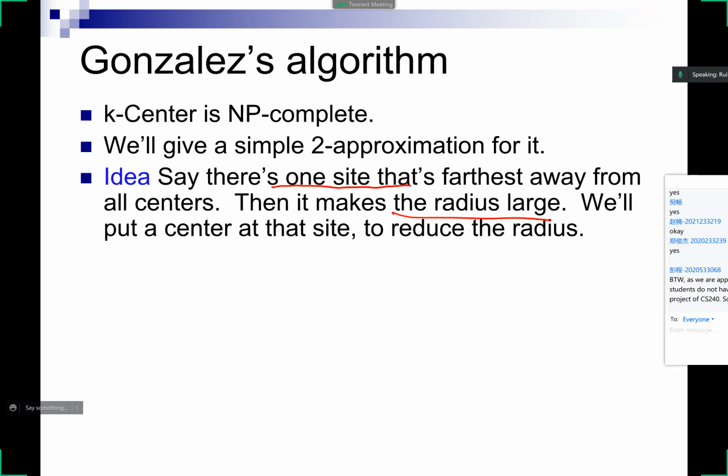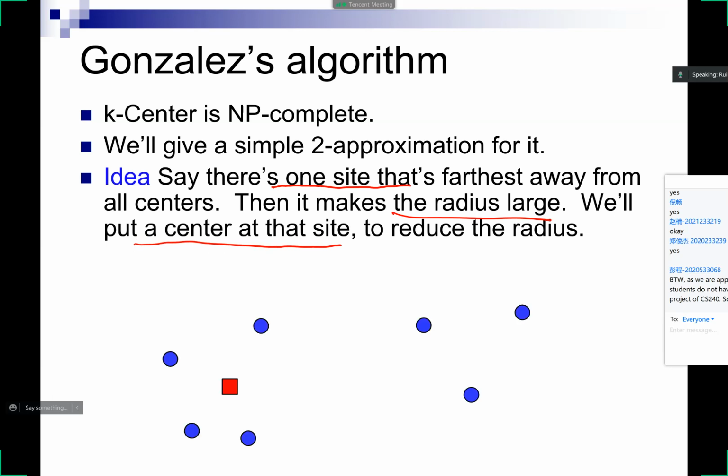That site is hurting us. So what we'll do is make the distance for that site small, and to do that, we're just going to put a center directly on that site. If you put a center directly on that site, then that site's distance becomes 0, so it's not going to hurt us anymore. That's the idea.